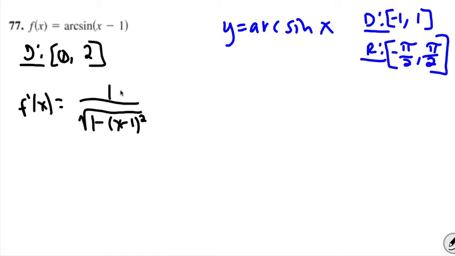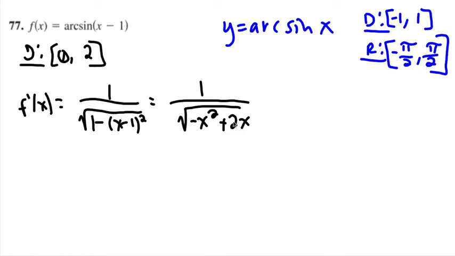So we can clean this up a little bit. If you simplify that denominator, you end up with the square root of -x squared plus 2x. And that's what I'll use when I do my second derivative to find the points of inflection.